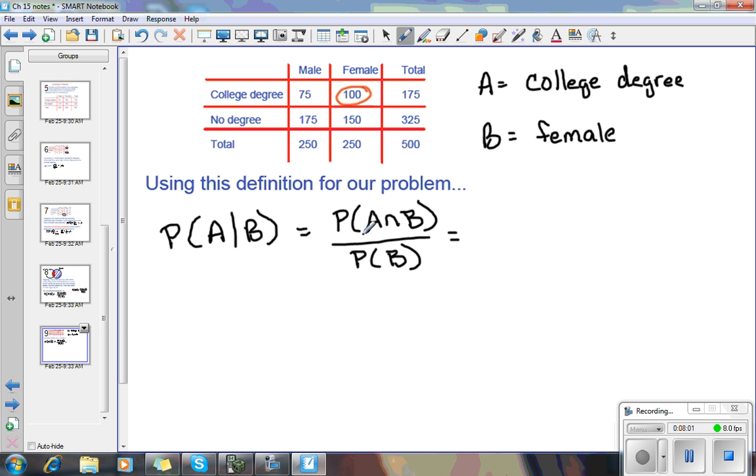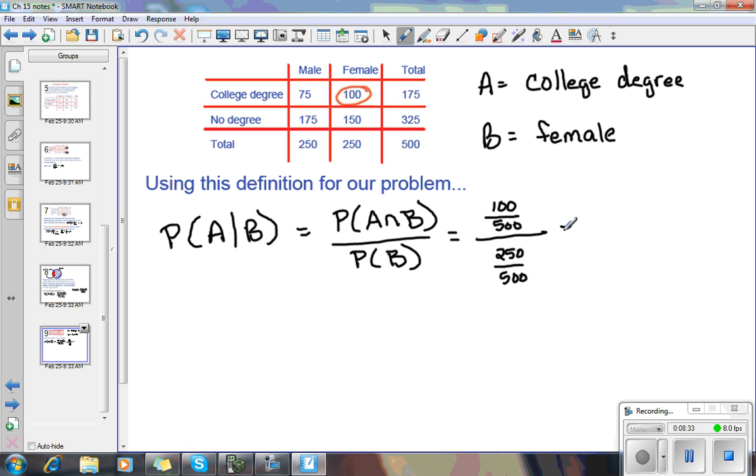So the probability of A intersect B would be the probability that they're earning a college degree and they're female. So we had 100 out of 500 that were a college degree female out of the total. So 100 over 500. The probability of B, the probability that they're female, was 250 out of 500.